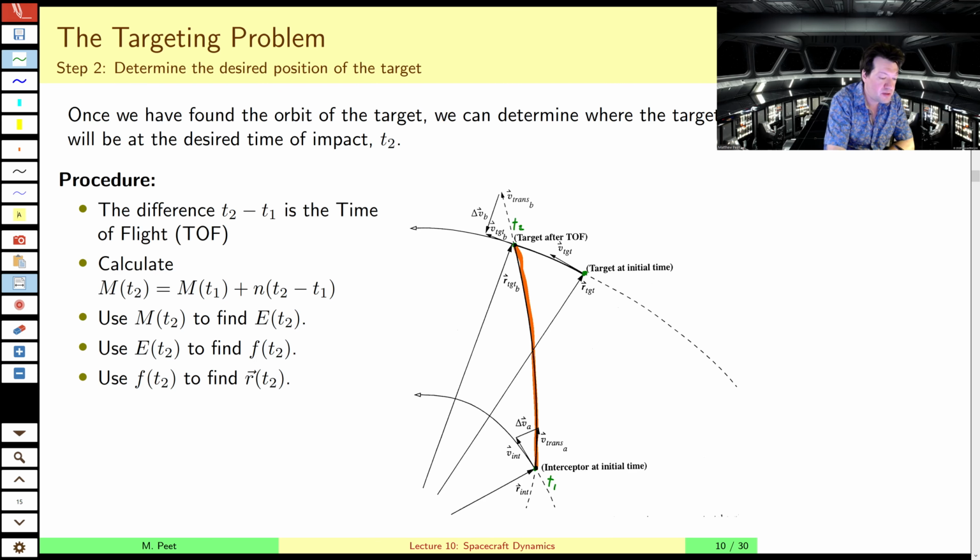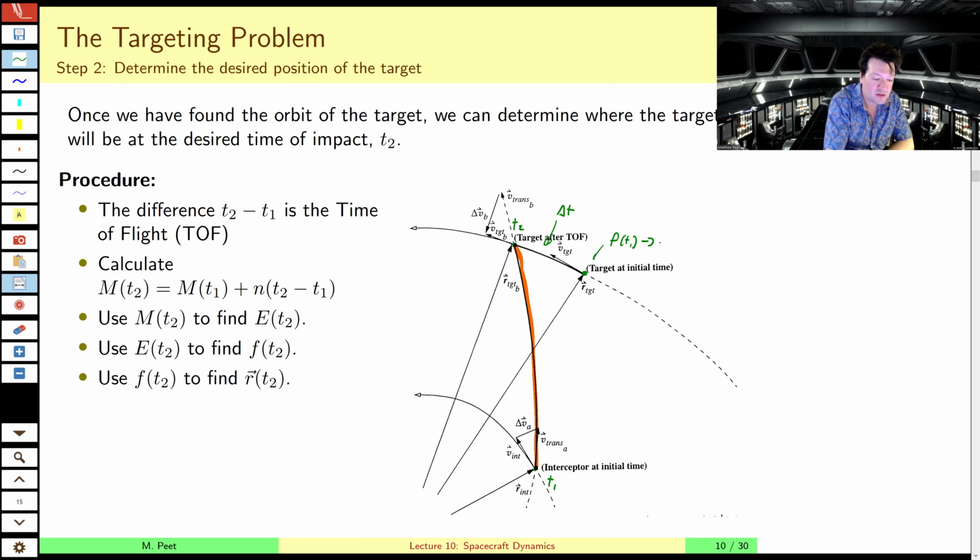So determining where we want to be at T2 is just the brief subject of this slide, where we have the orbital elements and we have the time at which we would like to intercept the target, delta t. And since we have the orbital elements, this is just a rehash of Kepler's problem, where we're trying to propagate the orbit. And so we just do that. We calculate our true anomaly at this point.